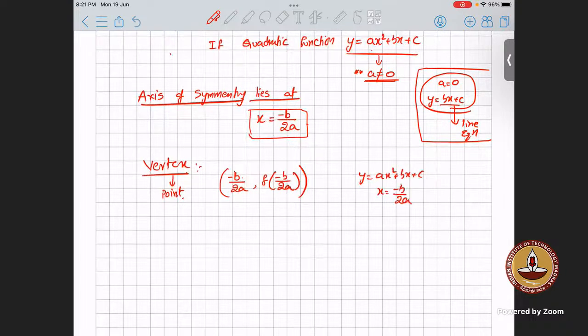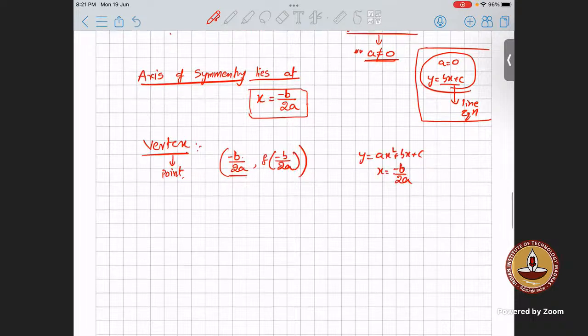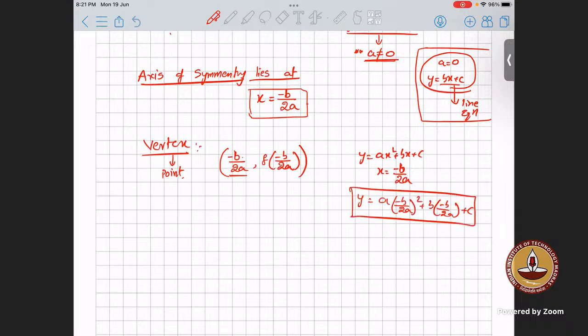Now substitute: y equals a into minus b by 2a whole square plus b into minus b by 2a plus c. This can be represented by, if you take this function as f of x, f of minus b by 2a. Agree?